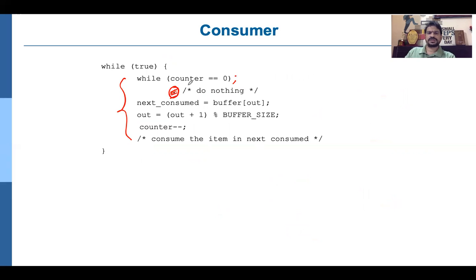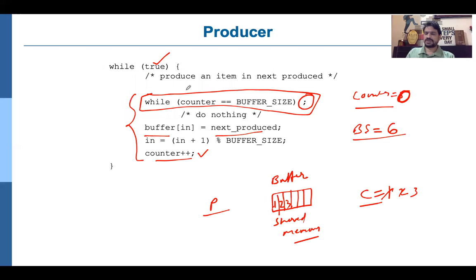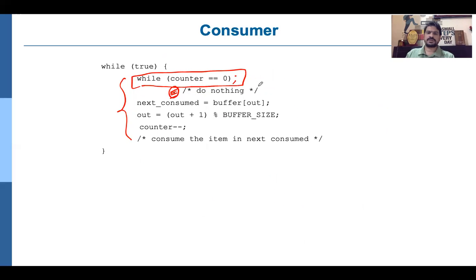Now you can see that whenever the counter value is 0, it means there is nothing in the buffer. If there is nothing in the buffer, the consumer will go into the infinite loop. If there is something in the buffer, it will go to the location in the buffer, find out what is there, and consume it.